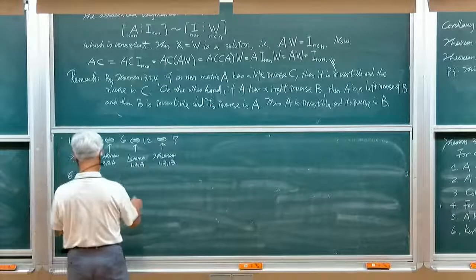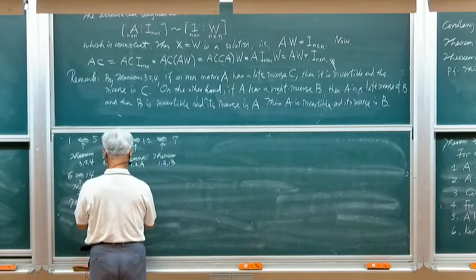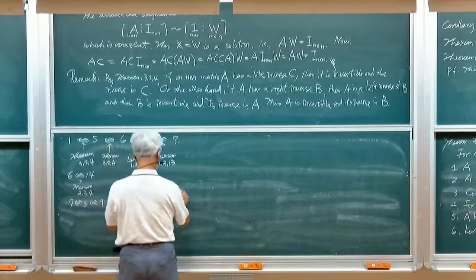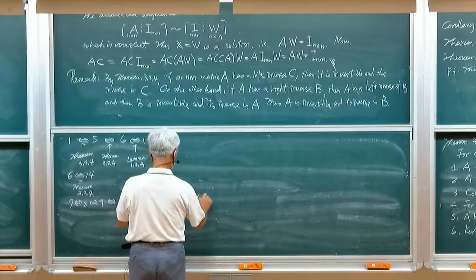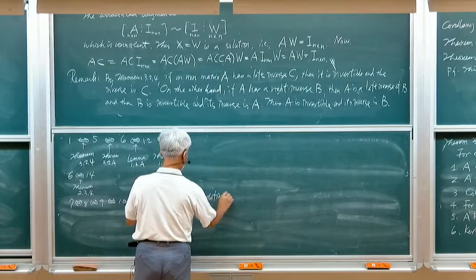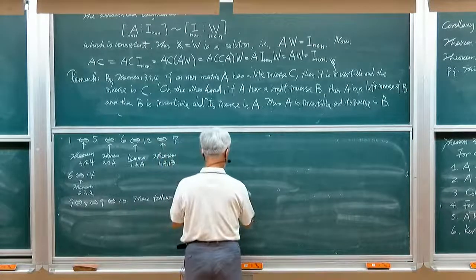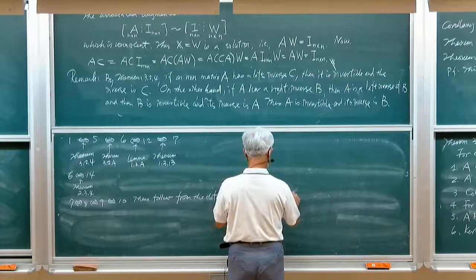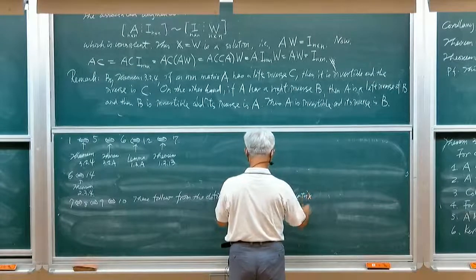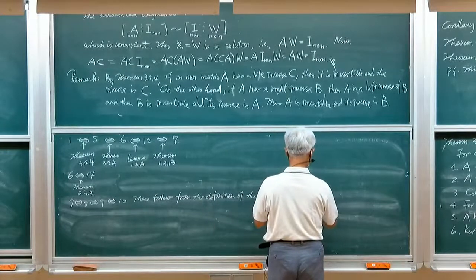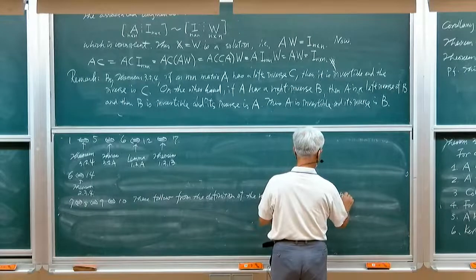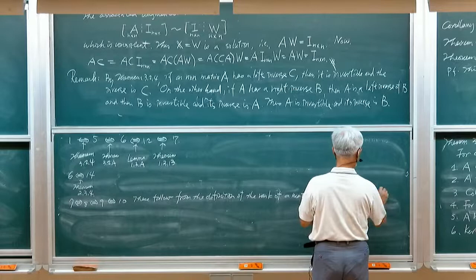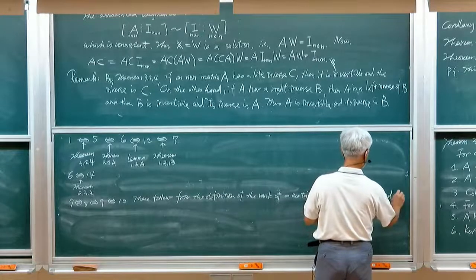Okay, and 7, 8, 9, 10. Right, so this follows from the definition of the rank of a matrix and the structure of a reduced row echelon form.